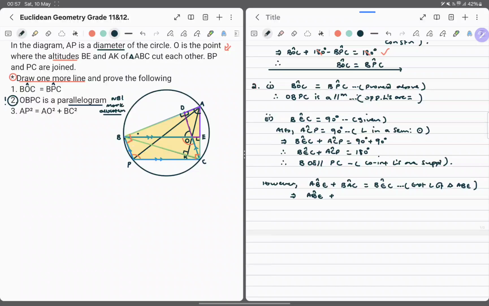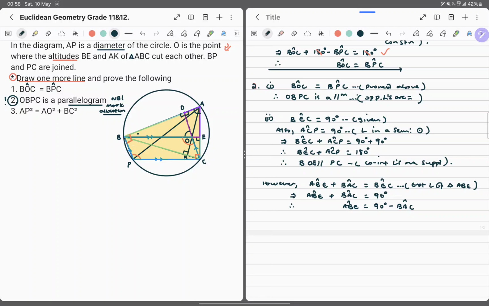I really don't like to complicate matters here. Let's not put the values. This is just BAC, and BEC is 90 degrees. We can say, therefore, ABE should be 90 degrees minus BAC. Okay, number one.